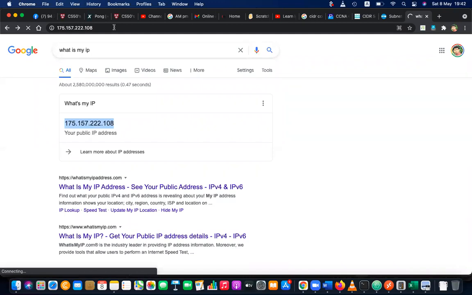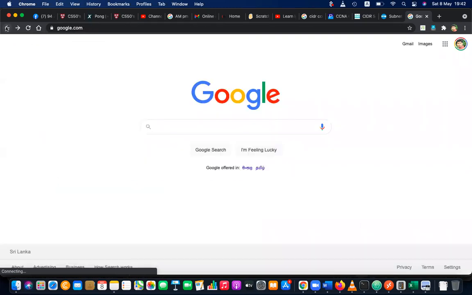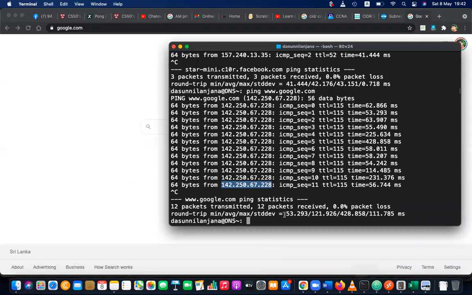There's a way to put a server on this IP, called dynamic DNS. I'm not going to show this now, but there's a possibility. For the moment, there's no service on this IP, but there's a service on Google's IP. They have fixed IPs.